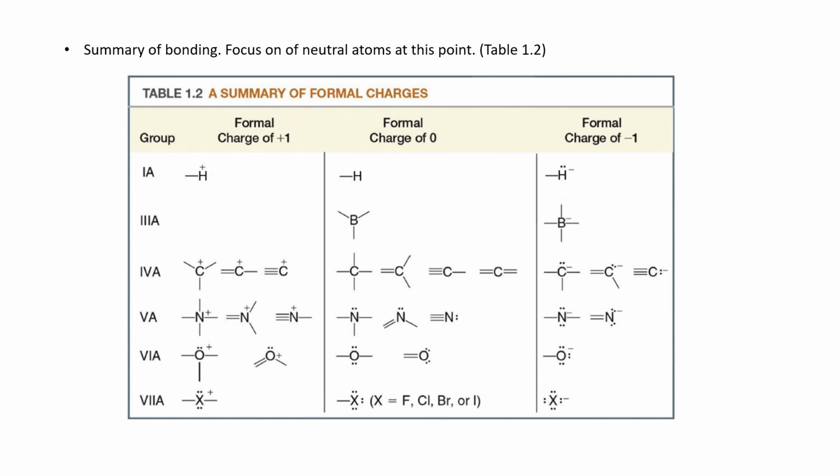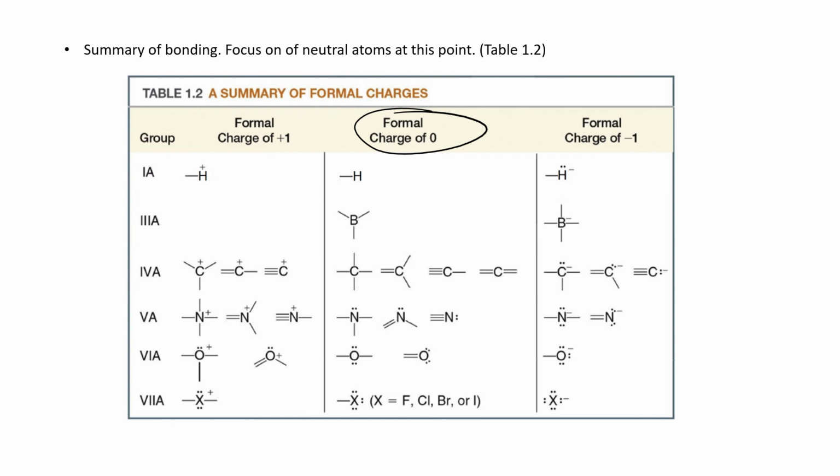Some atoms have an extra electron, or some atoms have one less valence electron than their neutral state. And we reserve formal charges for those atoms. However, for right now, until we learn how to calculate formal charges, we're going to be focusing on the neutral atoms, things with a formal charge of 0. You should become familiar with these bonding patterns and the valency of each of the atoms.